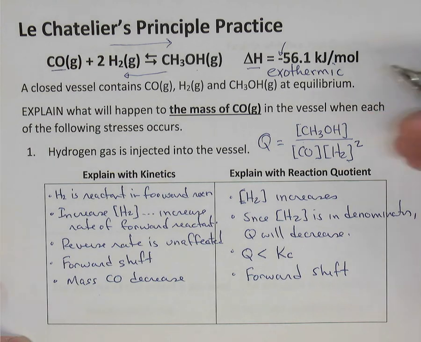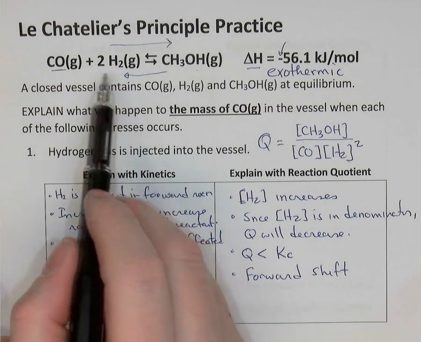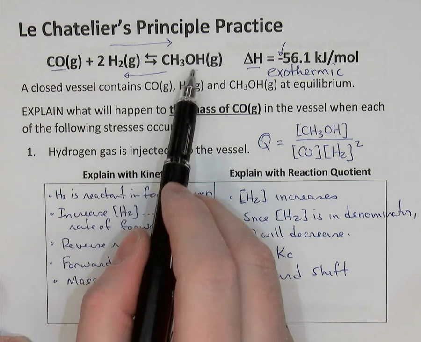Q has decreased, so now Q needs to increase if it's going to come back to equilibrium. How can Q increase? Well, it's a fraction. In order to increase, we would need a larger numerator and a smaller denominator. A larger numerator means more products, and a smaller denominator would mean less reactants. So if we want more products and less reactants, this equilibrium is shifting forwards.